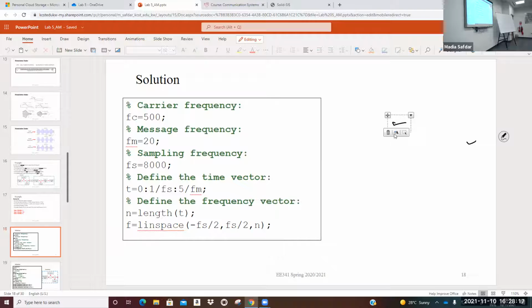You have not the lab file? Assessment, yes. Not necessary.